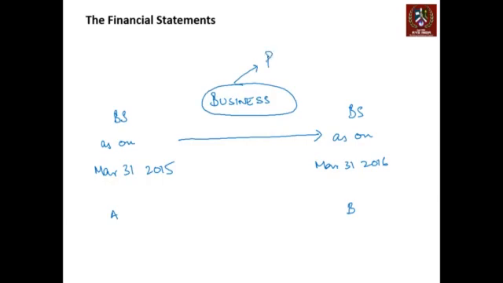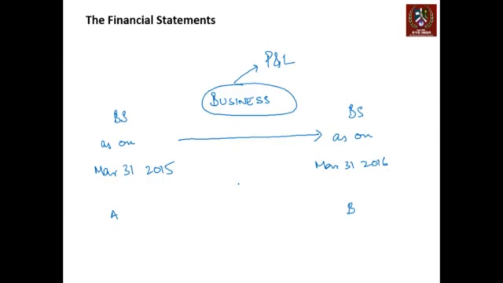But usually, in going from point A to point B, the company would do certain business, right? The company would have performed certain business. All these business transactions are recorded in the profit and loss statement. Any business that you have done in going from point A to point B will be recorded in the P&L statement.